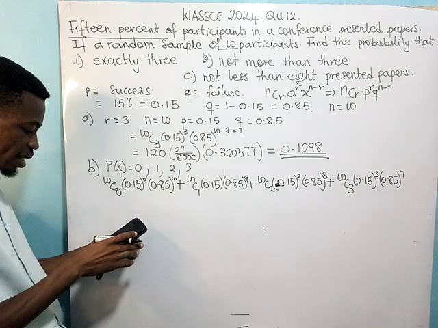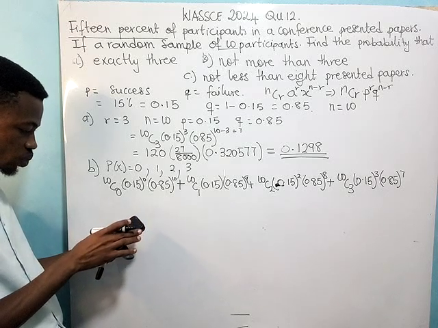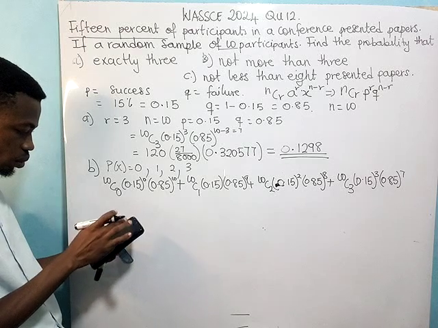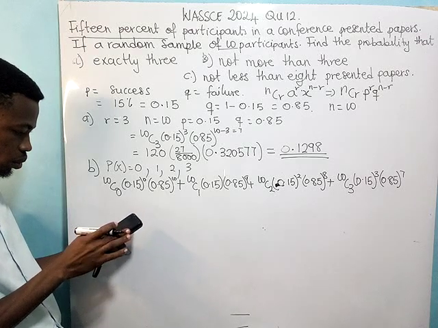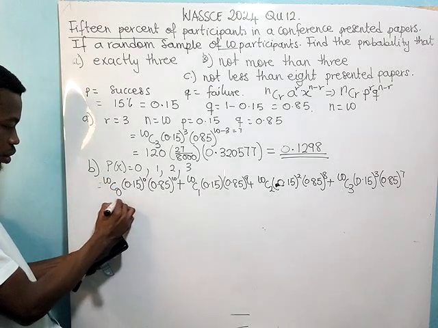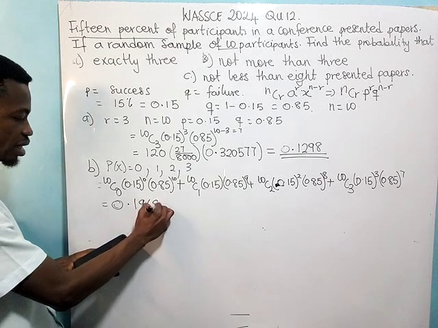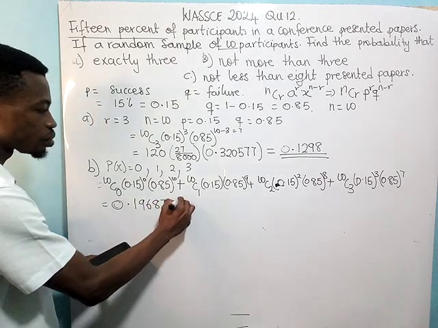raised to the power 10, which gives us 0.196874.